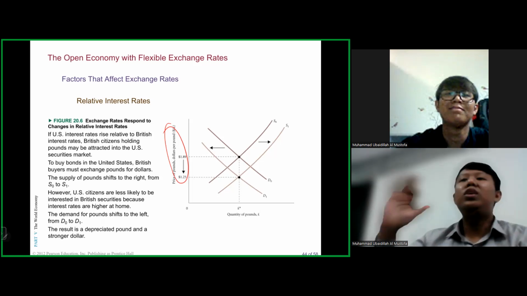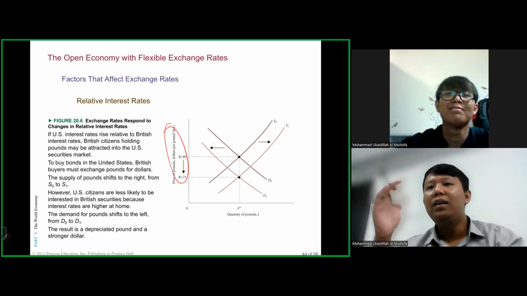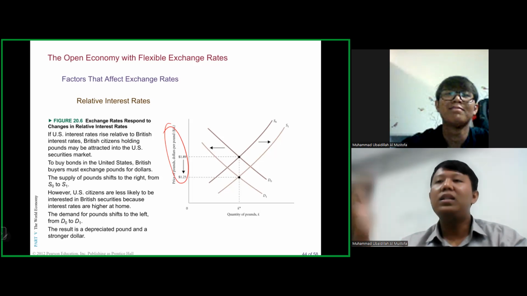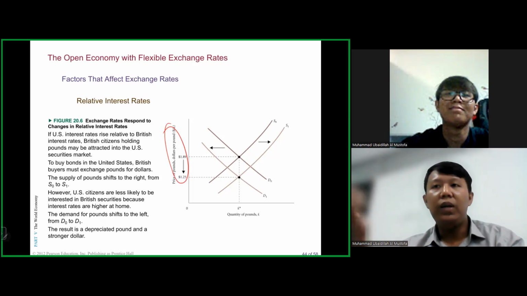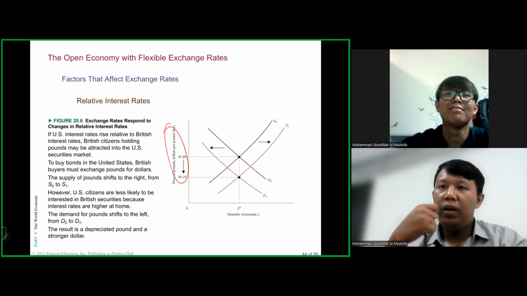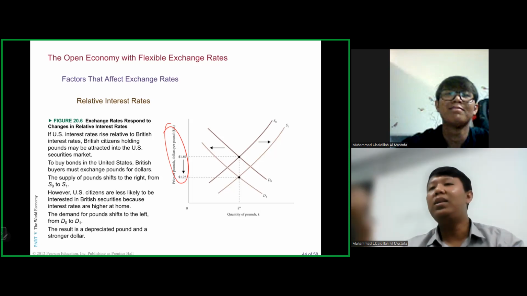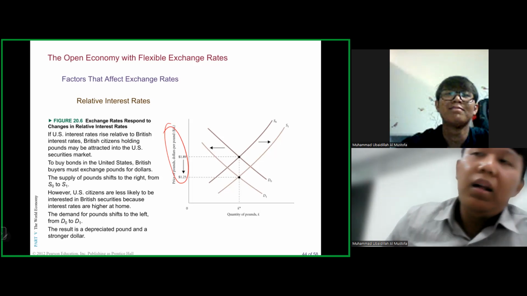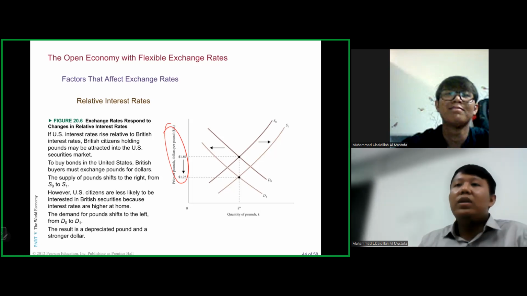So there's a logic behind the increase in interest rate and the currency between two countries. We see which one is higher, which one is more interested to hold such currency, which one is going to let go of their currency, and so on. And then we will have an appreciation and a depreciation in local and foreign currency.